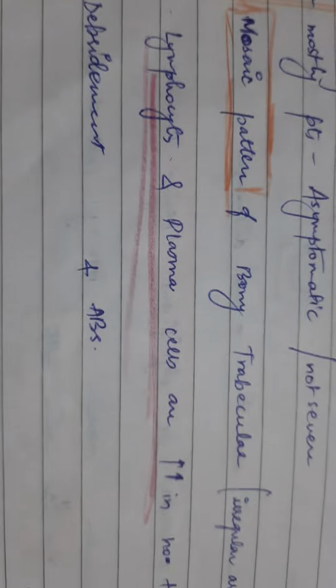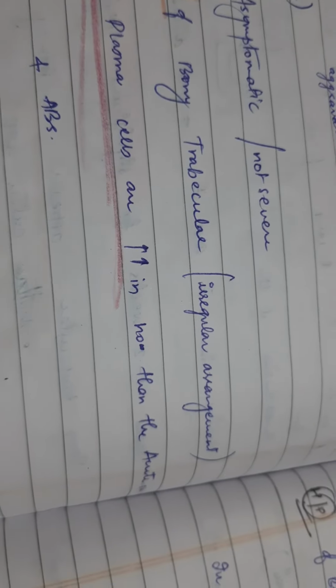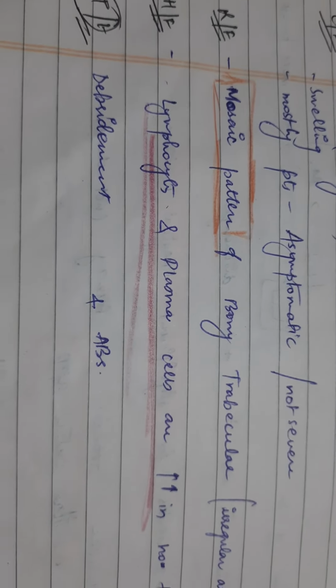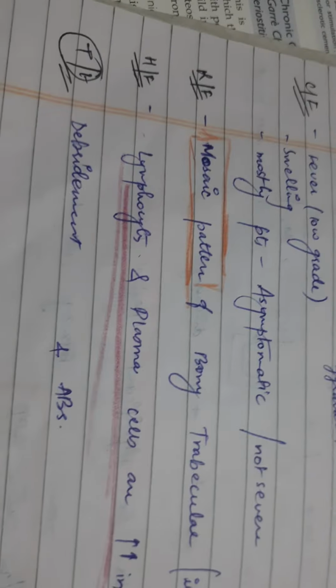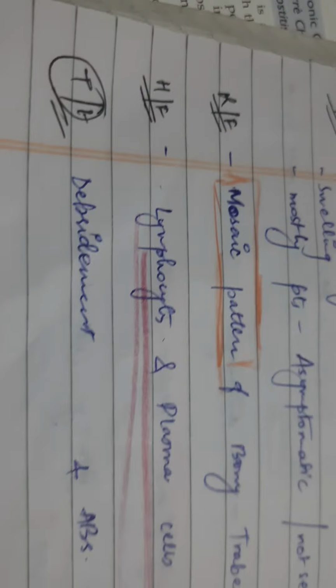Histological features: lymphocytes and plasma cells are increased in number compared to the acute one. There, plasma cells and lymphocytes are fewer and PMNLs are more in number, but here lymphocytes and plasma cells also increase. Treatment is debridement and antibiotics.